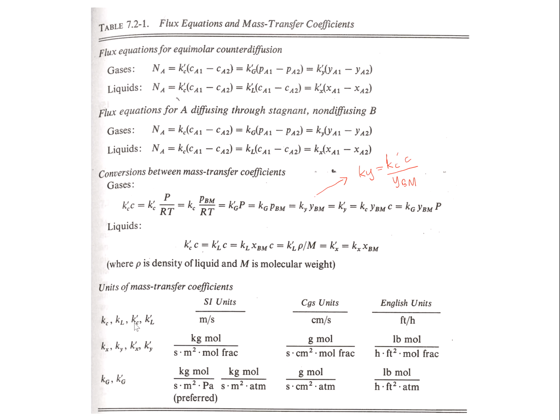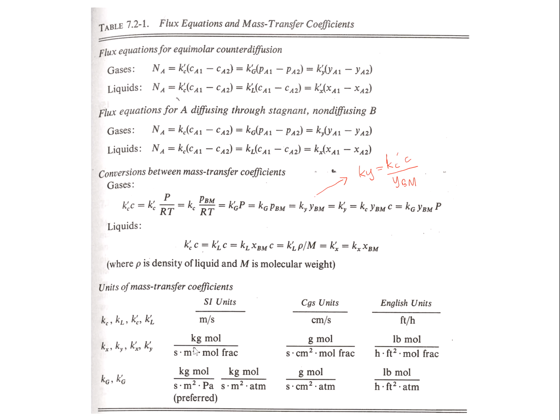Okay, so for Kc, Kl, Kc prime and Kl prime, you have the same unit. But when you compare with Kx, Ky, Kx prime and Ky prime, it is not going to be the same. You also have the preferred SI unit for Kg and Kg prime.